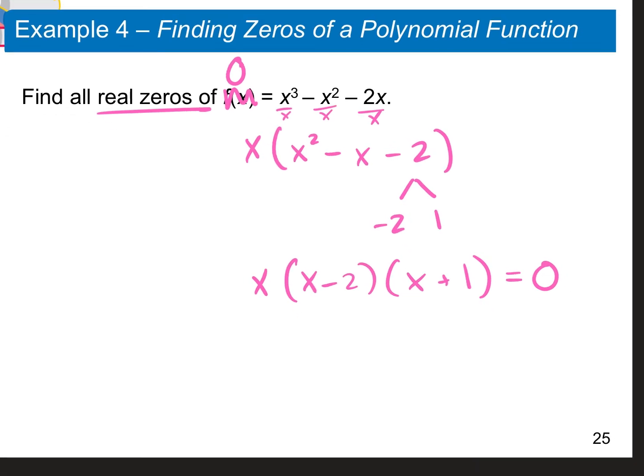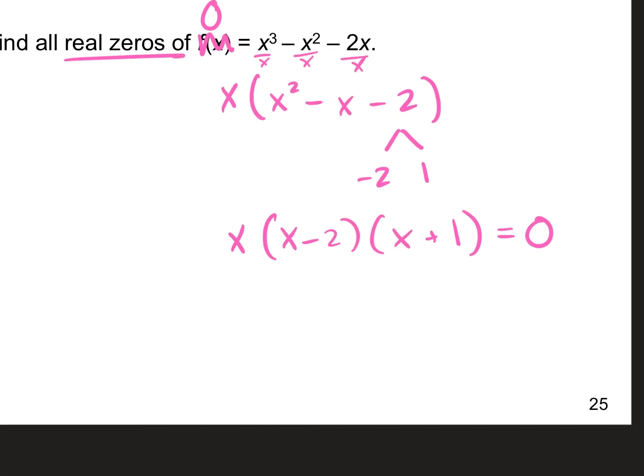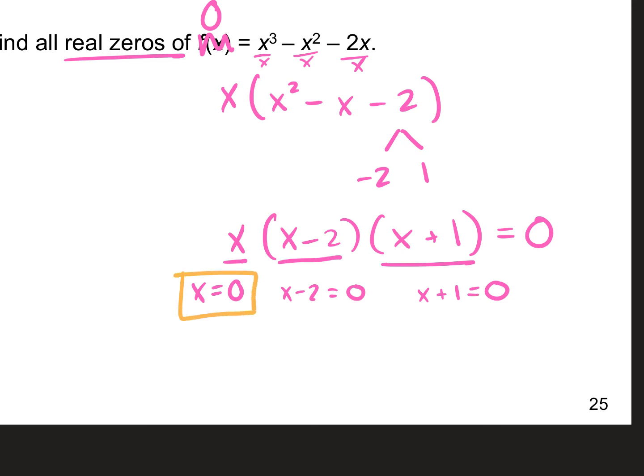So I factored it, but now I need to solve. So I just set each one of these pieces equal to 0. So x gets equal to 0, x minus 2 I set equal to 0, and x plus 1 gets set equal to 0. And then I solve. So x is equal to 0 is already solved there. We're done.